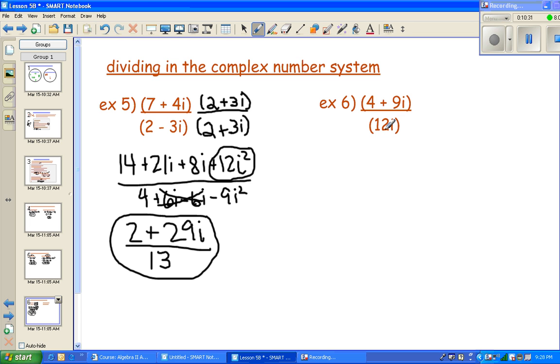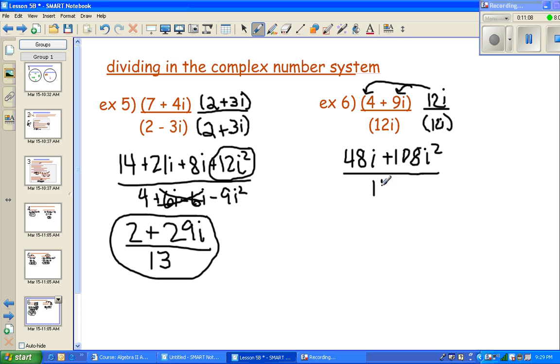Over here, it's kind of hard to do the conjugate of 12i, so you just need to multiply by 12i. Can't do a conjugate of a monomial, so just multiply it times itself. We'll do 12i up here. So 4 times 12i is 48i. 9i times 12i is positive 108i squared.